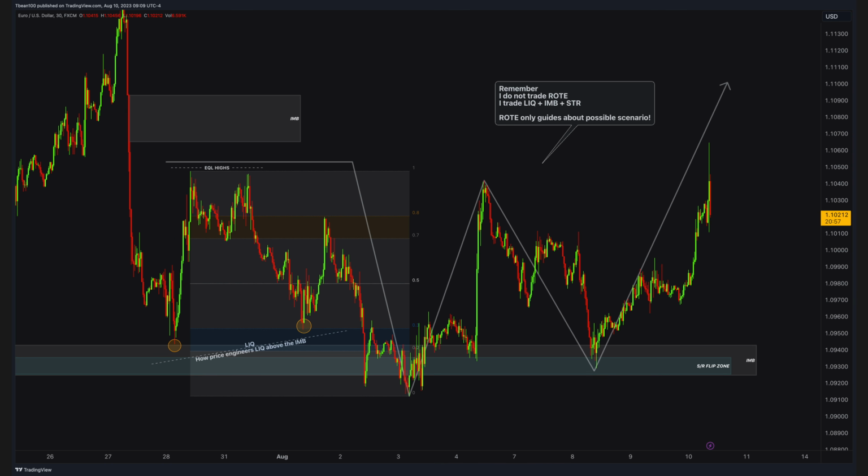Again, remember, I do not trade ROTE. I only trade structure, liquidity, and imbalance. However, this ROTE guides me for future movement as a pattern, which is backtested millions of times.